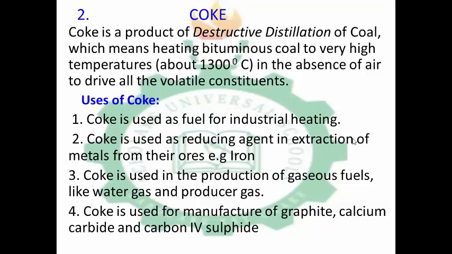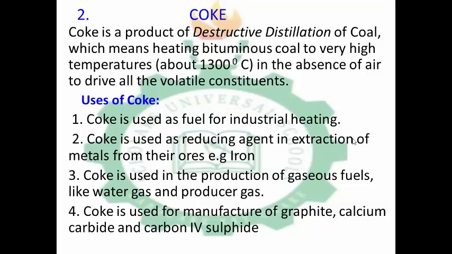So in this process, a substance such as iron is actually reduced using carbon or carbon oxide, carbon monoxide.